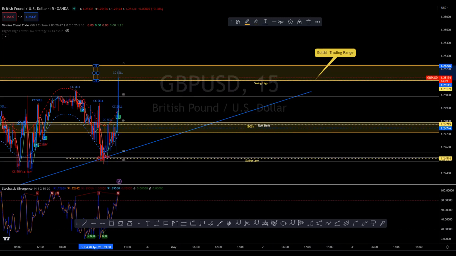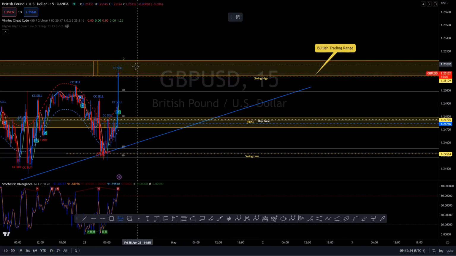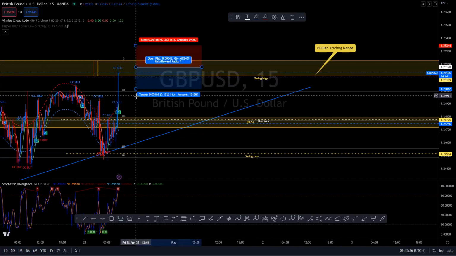All right, so it looks like we finally got a cheat code sell signal here. So price is sticking out of the Bollinger Band, so we're going to try to catch the sell going down. That's what we're going to try to look for here. We're going to put our risk to reward tool probably up in this area.